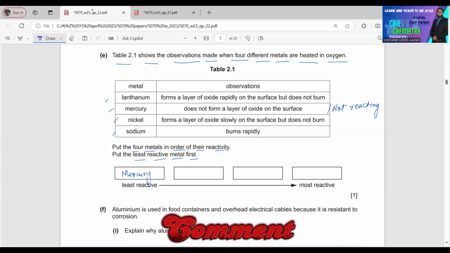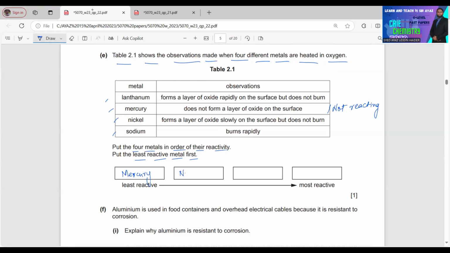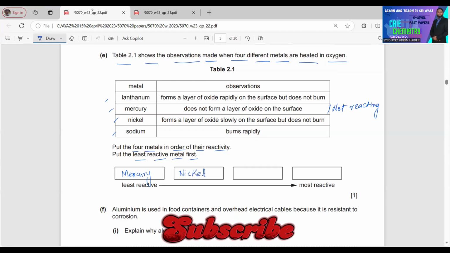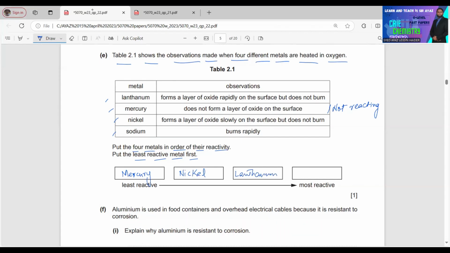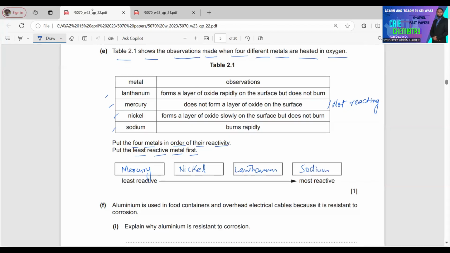Let's check which of these two is forming a layer of oxide rapidly. Lanthanum is forming an oxide layer rapidly, so it must be nickel. I will place nickel after mercury. After this, I'm going to place lanthanum. In the end, we are left with sodium, which is the most reactive one in this series.